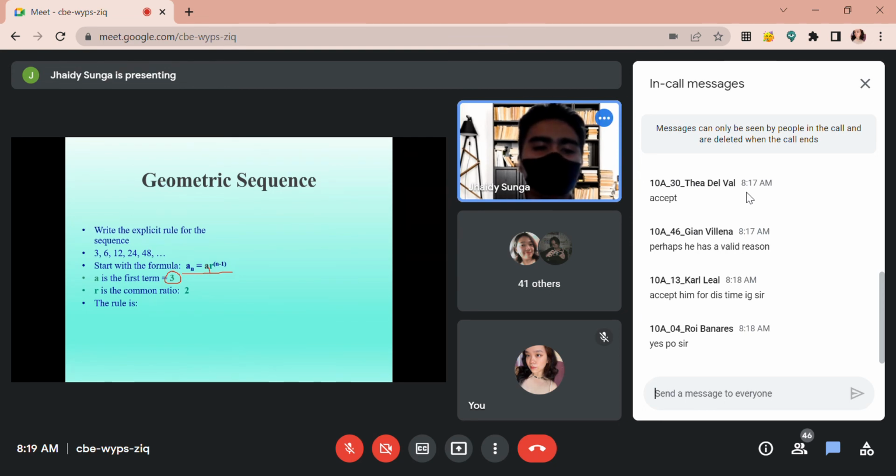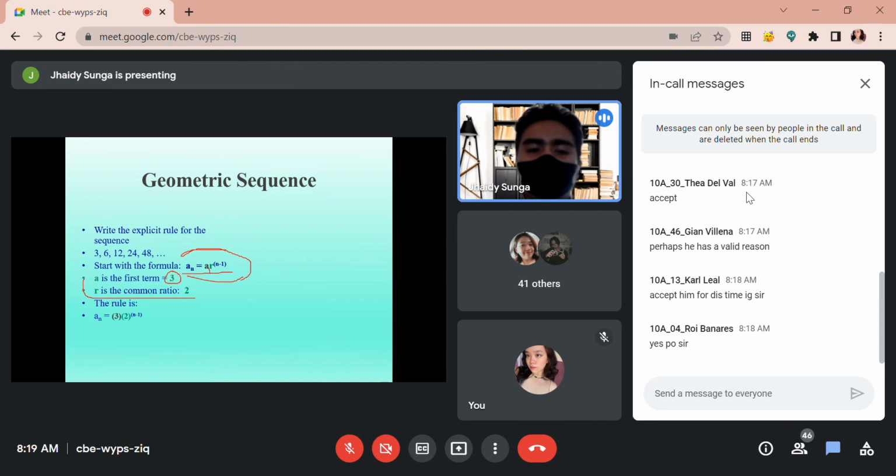Alright. So again, we have to make this sequence with the explicit rule, starting with the formula, which is this one. So having this one, what we are to find is the rule itself. When we have this given already, what we are going to do is to substitute all the givens.